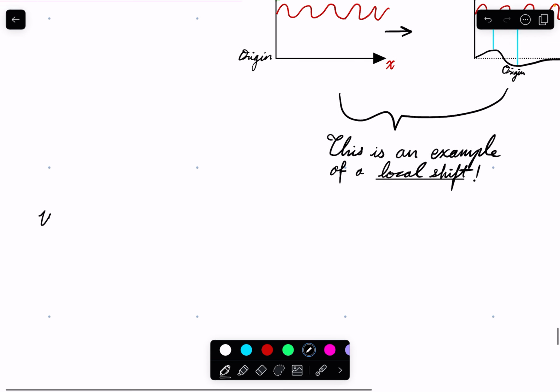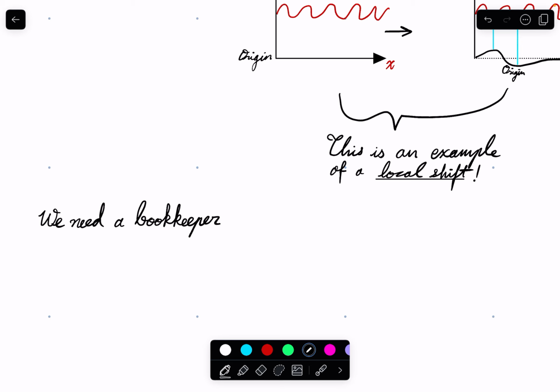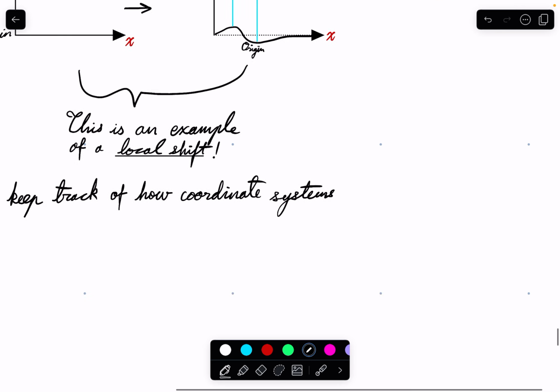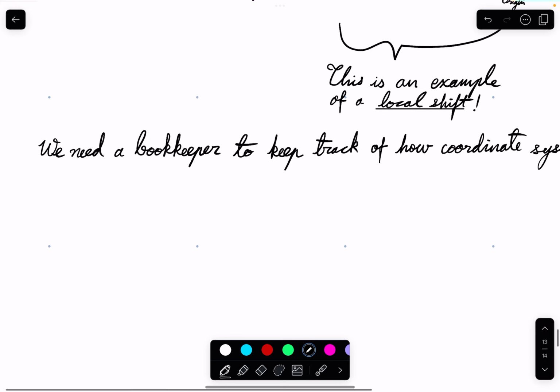So we need a bookkeeper to keep track of how coordinate systems in different locations are related.